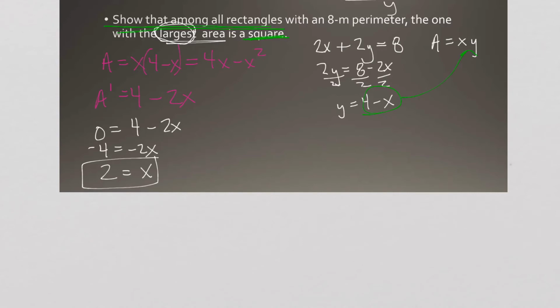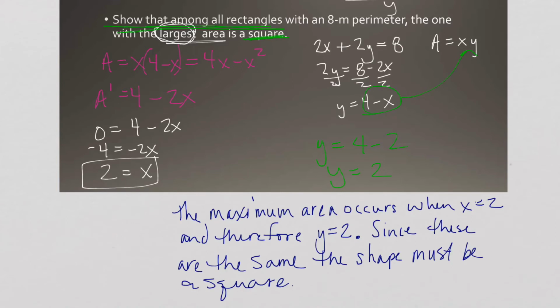If I know x is 2, I get y equals 4 minus 2, which makes y equal to 2. And therefore, when we go to write our answer, we state that the maximum area occurs when x equals 2 and therefore y equals 2. Since these are the same, the shape must be a square. So we've shown that among all rectangles with an 8-meter perimeter, the one with the largest area is a square.